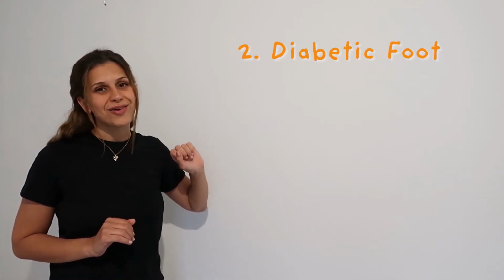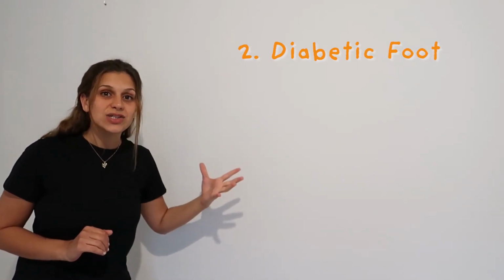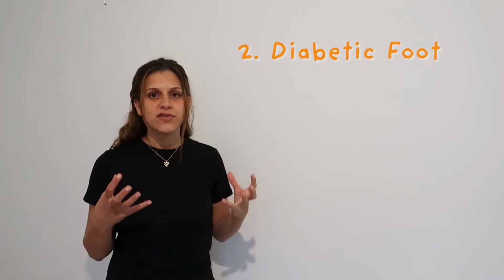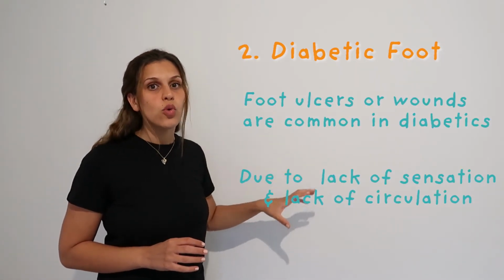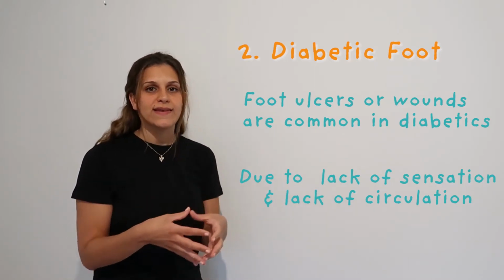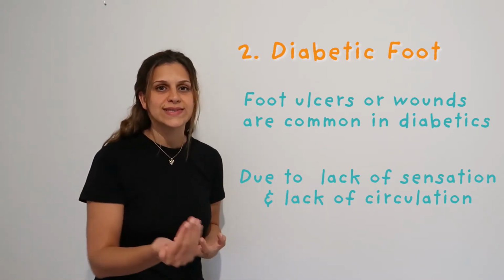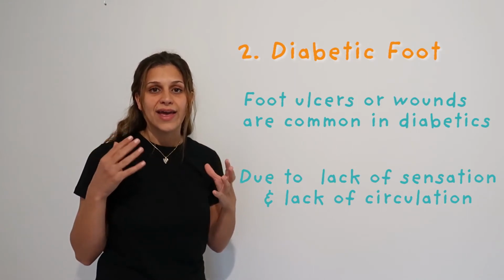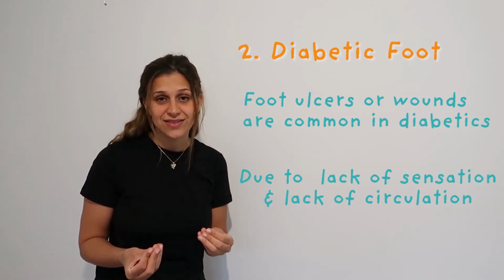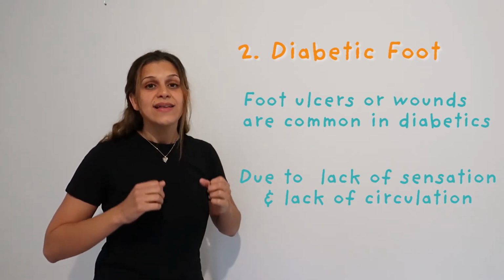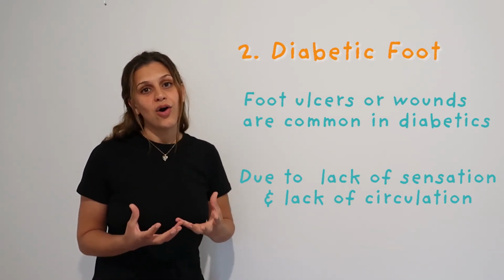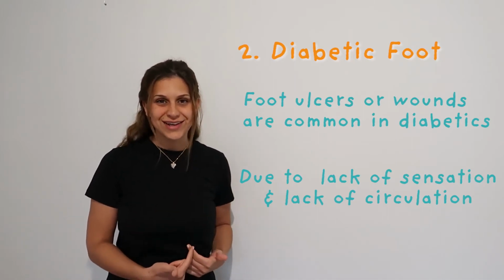And the second part of macrovascular complications is actually having the diabetic foot issues, okay? And diabetic foot ulcers and wounds are very, very common in diabetic people because, as we said before, they have a lack of sensation in their extremities, okay, in their feet and in their hands, and they also have a lack of circulation, okay?